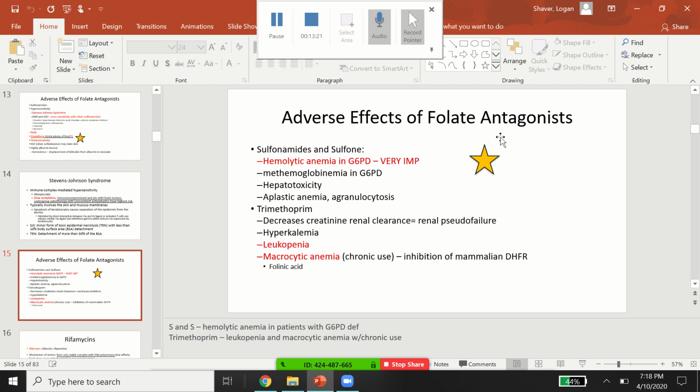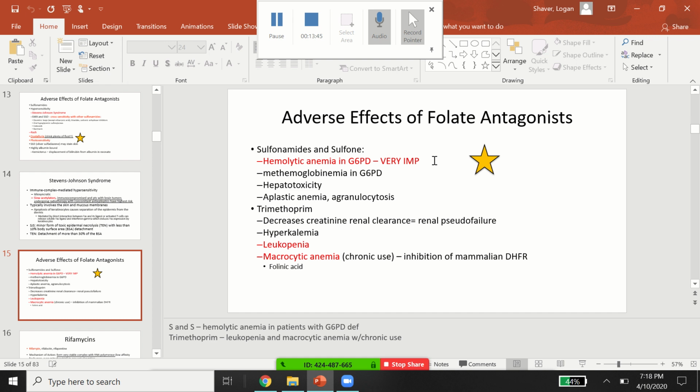Then adverse effects of folate antagonists. So we've already talked about some other adverse effects, but these are even more. So hemolytic anemia and G6PD. Pretty much every time they ever mention G6PD, it seems to end up being important somehow, some way. So I always put a star near anything that mentions G6PD.